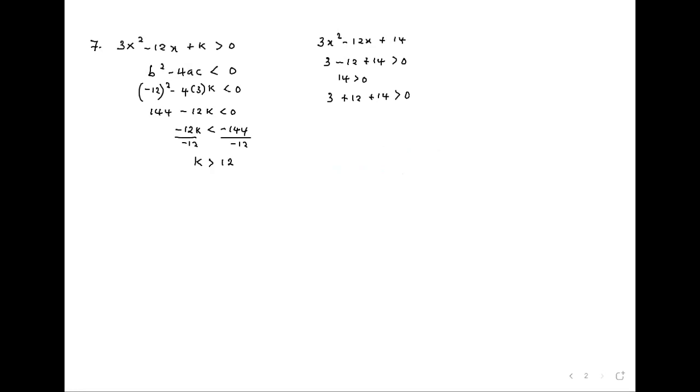Question 8. In the vicinity of a bonfire, the temperature T in degrees Celsius at a distance of X meters from the center of the fire was given by T is equal to 600,000 over X squared plus 300.